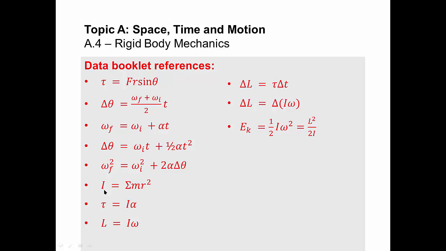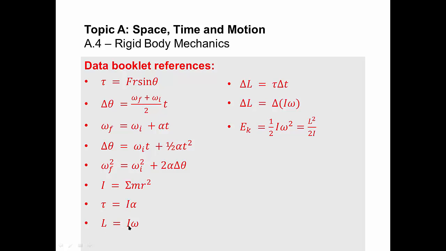There's this thing called the moment of inertia, which depends on the mass and the distance away from the pivot that that object is. Tau is the torque that we've looked at already, force times distance, is equal to the moment of inertia times by the angular acceleration, and so on. L is the momentum.